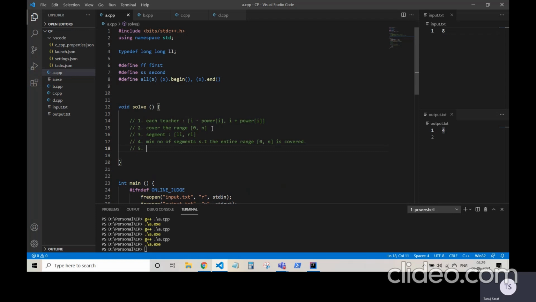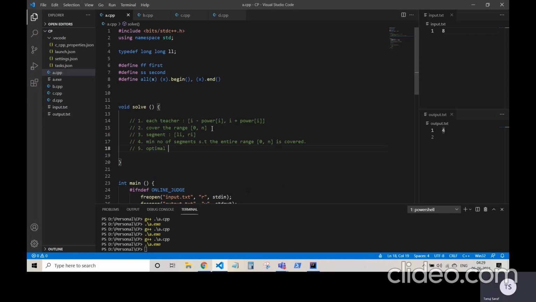So if I'm moving from 0 to n, and when I'm standing at the 0th point, I would like to find out if there is some segment which covers it. To the left of point 0, I do not have anything. So there must be some segment that definitely covers point 0 if an answer exists. So let's say that there are multiple segments which are covering point 0. How do I decide which particular segment to take?